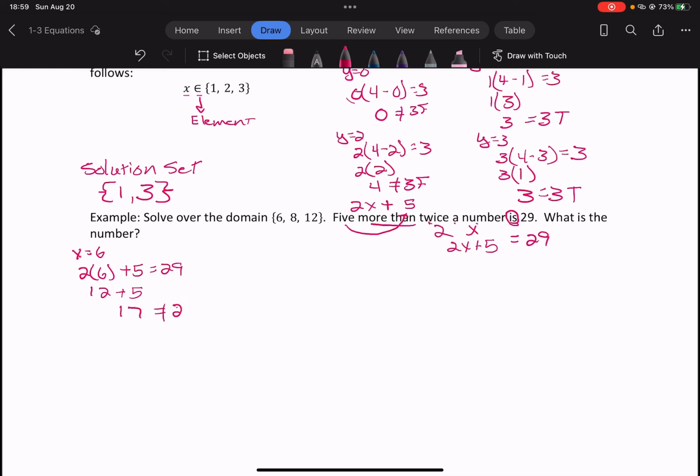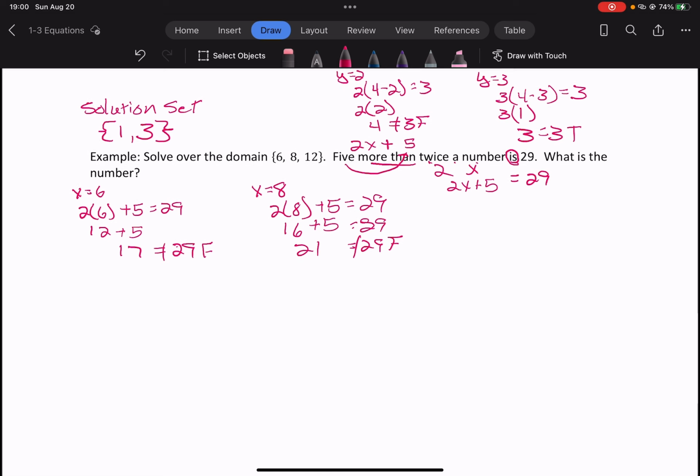That does not equal 29, so it's false. x equals 8. 2 times 8 plus 5, does that equal 29? Well, 2 times 8 is 16, plus 5 is 21, and that does not equal 29. That is also false. Let's look at x equals 12.